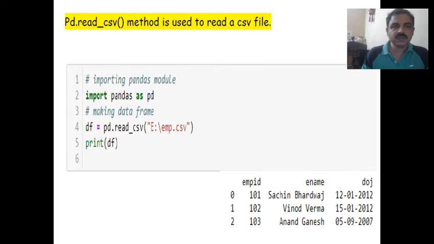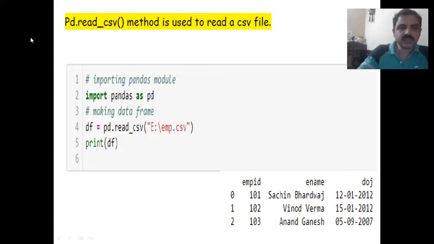When you use Python to read CSV files, we have a function called read_csv. What this function does is read the data. If you have a large amount of data in the form of CSV, it can be read and converted into a data frame using the read_csv function.